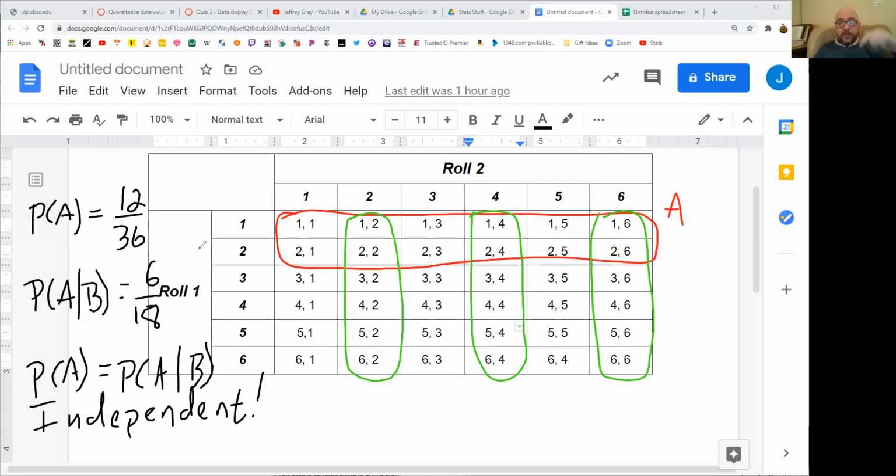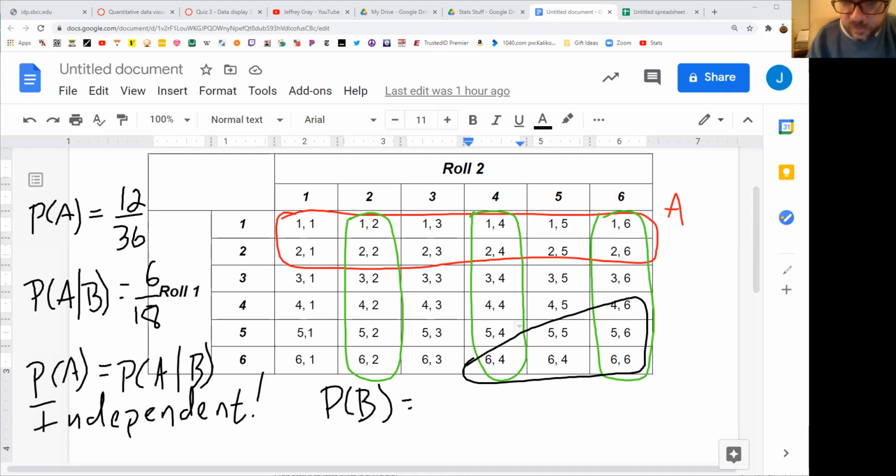On the other hand, if I look at B and C. So here's C right here, right? There's C. So the probability of B was 18 out of 36.